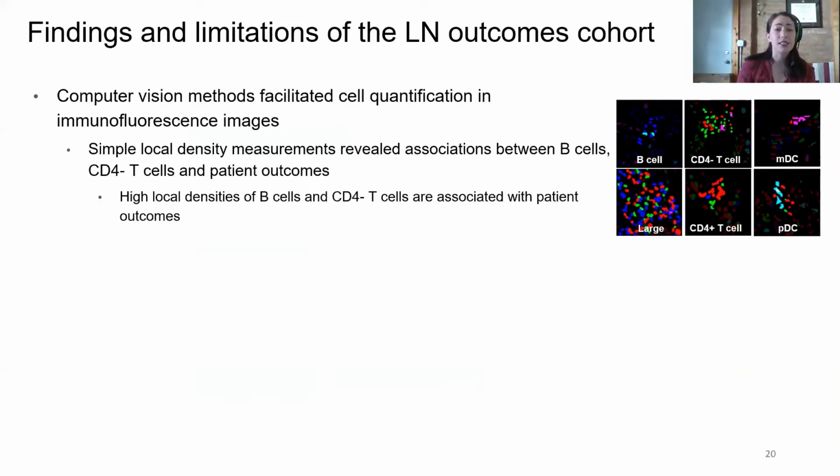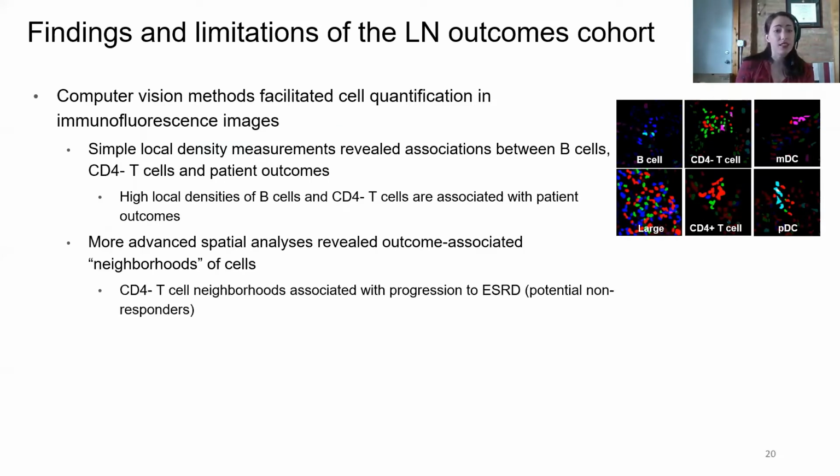Specifically, high local densities of B cells were associated with ESRD negative patients, and high local densities of CD4 negative T cells are associated with ESRD positive patients. Additionally, more advanced spatial analyses revealed that there were outcome-associated neighborhoods of cells, and that was those CD4 negative T cells. And with that, I would like to stop here and see if there's any questions so far.